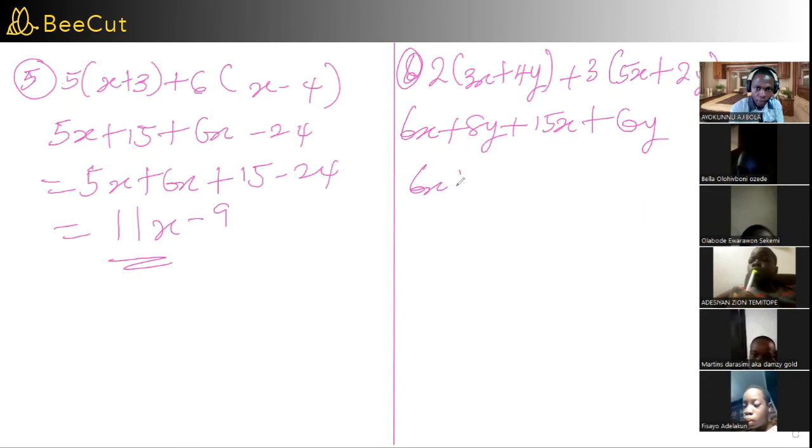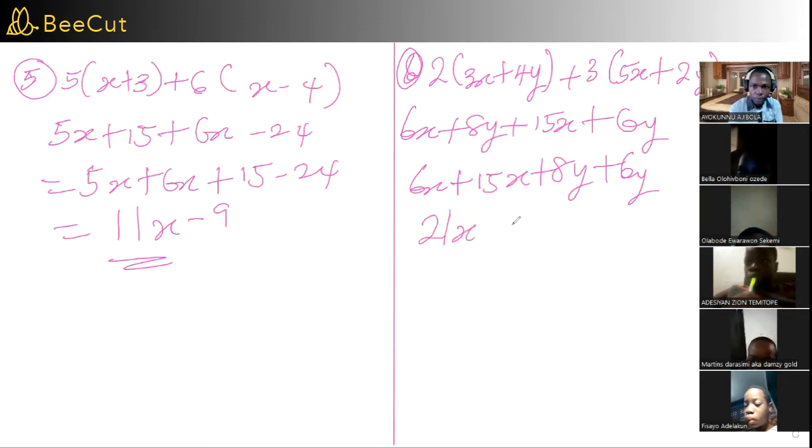So 6x plus 15x is 21x, and 8y plus 6y is 14y. So that is how to remove the bracket in that.